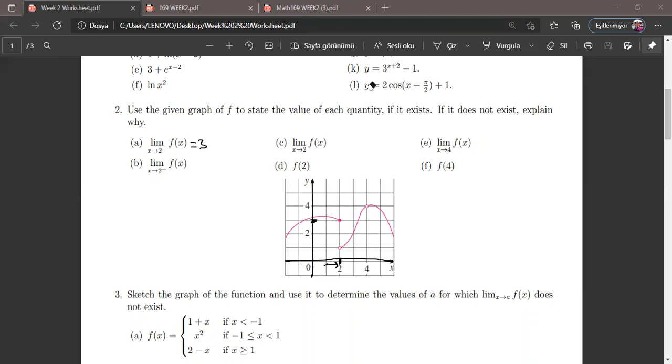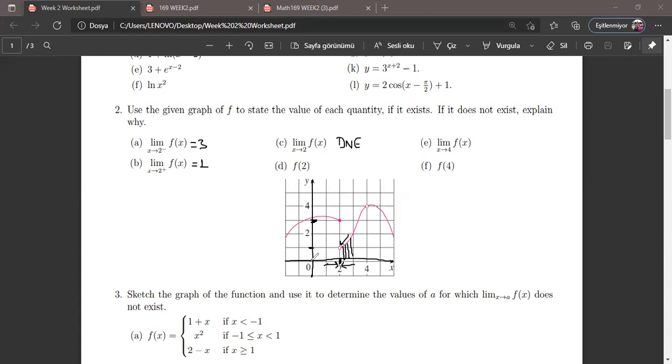Okay, now what do we do for B? We now approach 2 from the right. On the graph, when we're approaching 2 from the right, we get this value, which is here 1. As they are different, we say the limit does not exist.